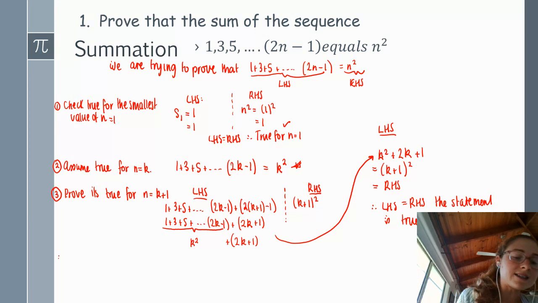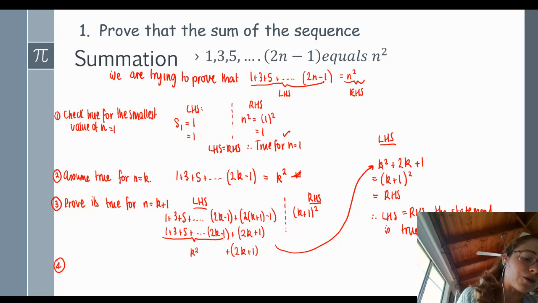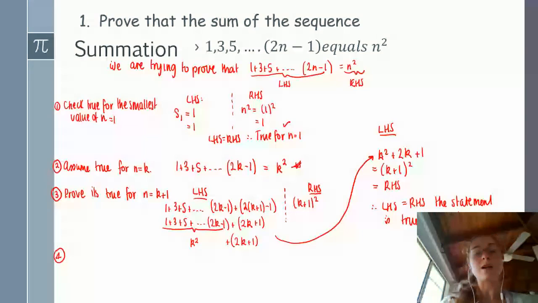My last step, step 4, is to write your conclusion. So because we've proved it's true, or checked it's true, for n equals 1, and I've shown it's true for the next term onwards, my k plus 1, and every k plus 1 after that, it's going to be true for all n's that we can use here.